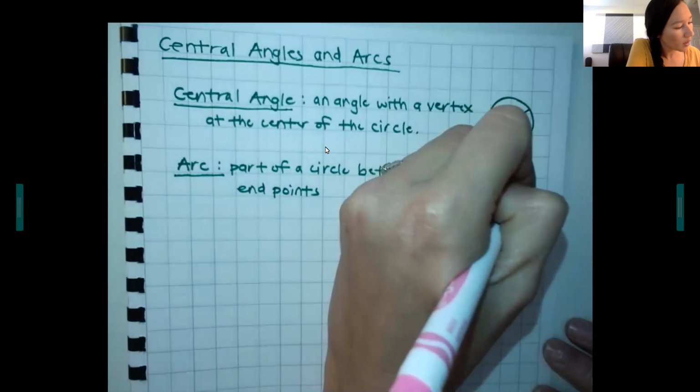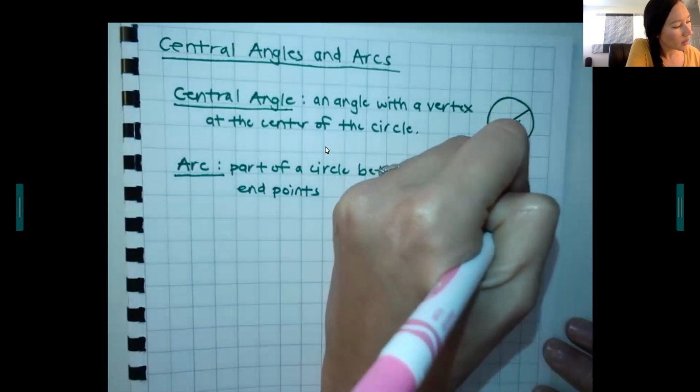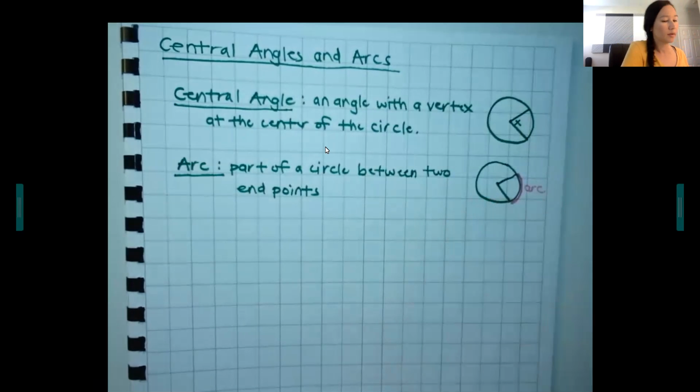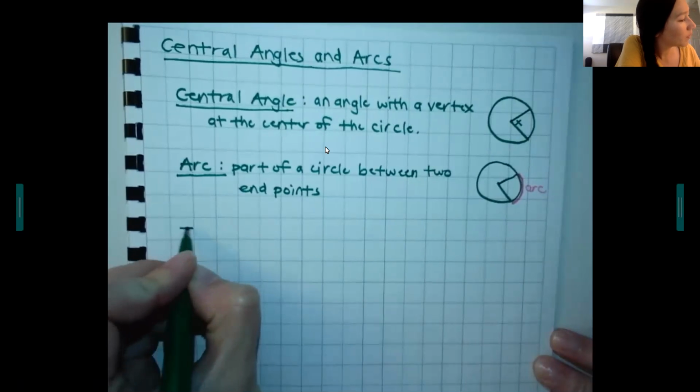So from here to here, that is what would be our arc. The relationship between the central angle and the arc is that the measure of the arc is equal to the measure of its central angle.